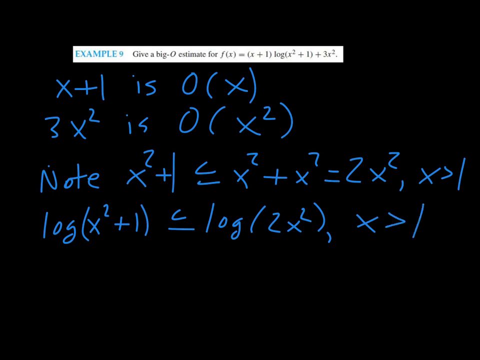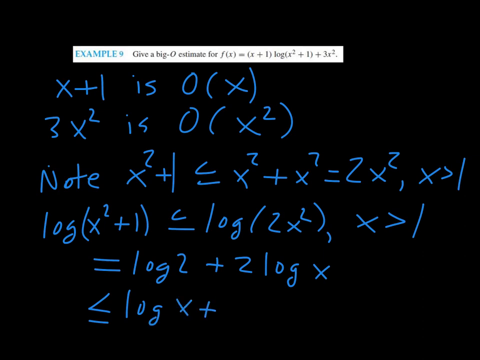So now apply your log rules. This is going to be equal to log of 2 plus 2 log of x, which is less than or equal to log of x plus 2 log of x, which is 3 logs of x, as long as x is bigger than 2.